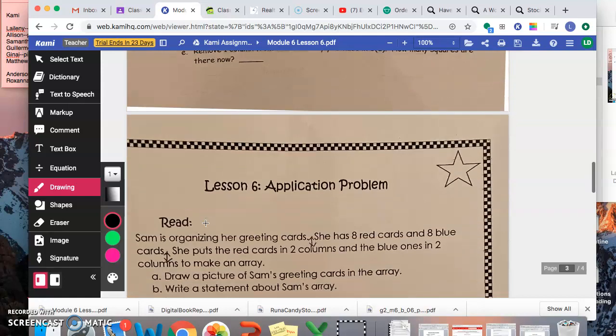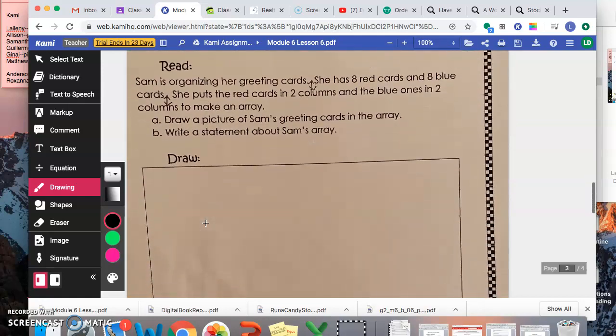Okay? Then you're going to come to your application problem. Sam is organizing her greeting cards. She has 8 red cards and 8 blue cards. She puts the red cards in 2 columns and the blue ones in 2 columns to make an array. Draw a picture of Sam's greeting cards in the array. So you have to draw a picture of what Sam's greeting cards will look like.